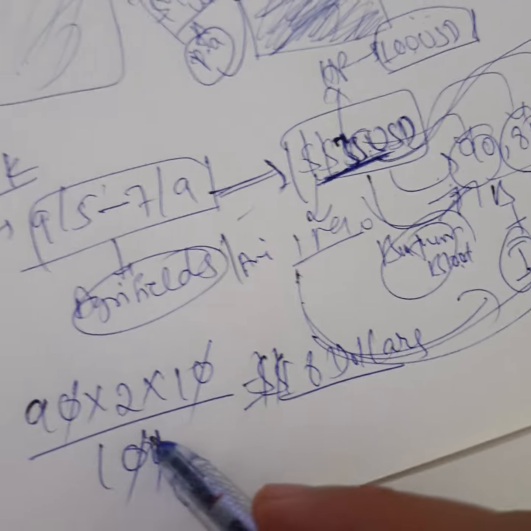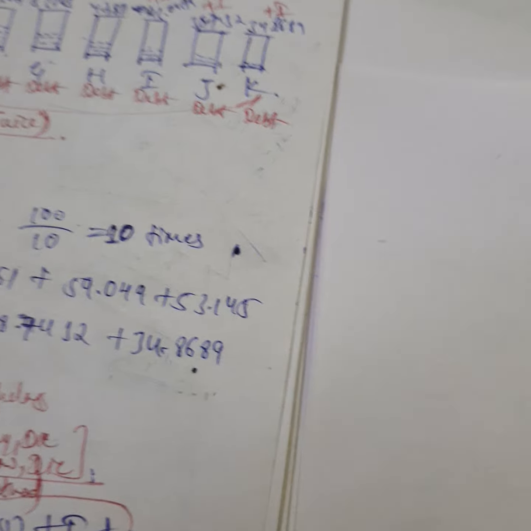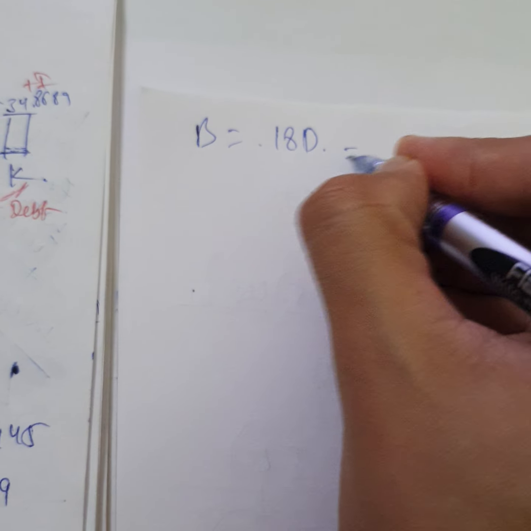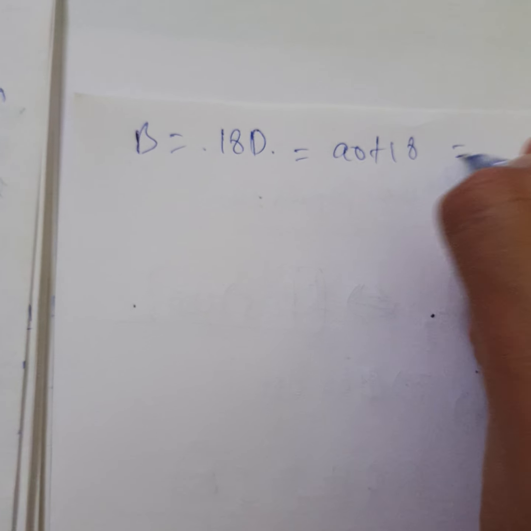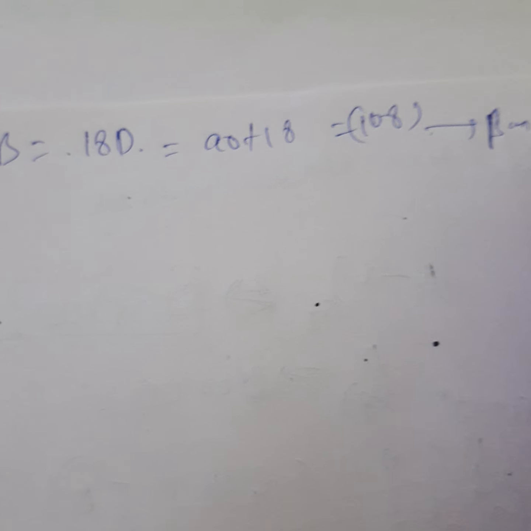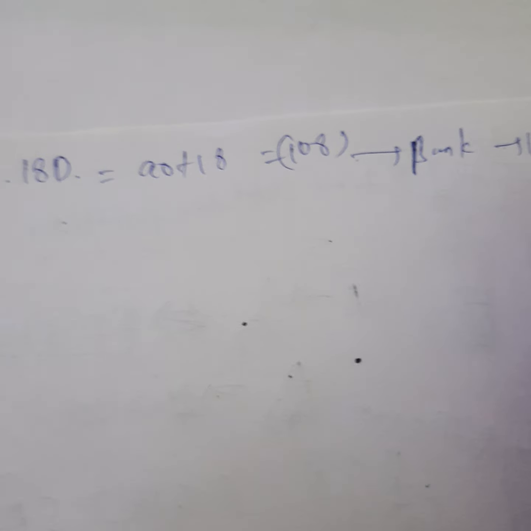Who has to pay $18? This one, this B guy. This B guy has to pay $18. If he has to pay 90 plus 18, 108 he has to pay to the bank, at a 10% rate of interest, ROI. Rate of interest.